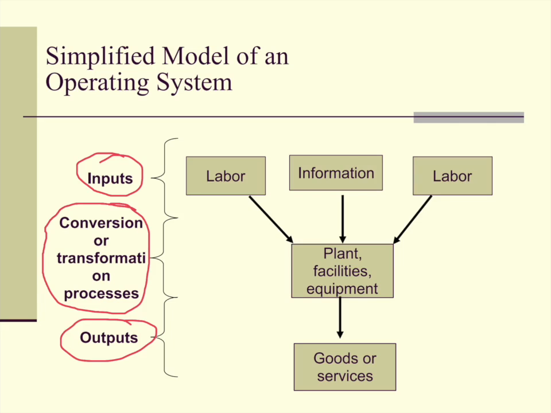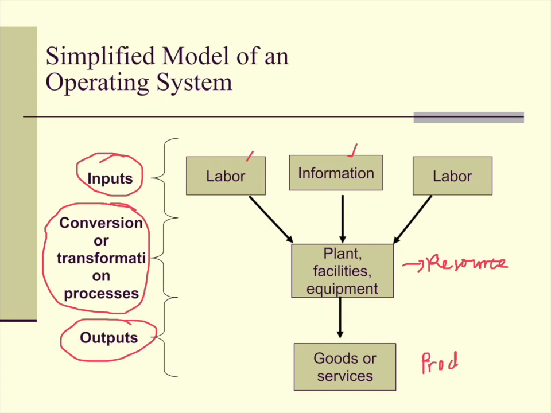The input can be labor or information, and the process must be the plant facilities or plant equipment. Plant facilities and equipment are the resources of the company, which then produce the product, and the output is the product.